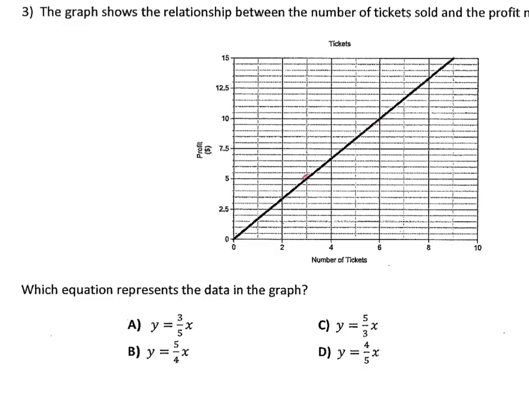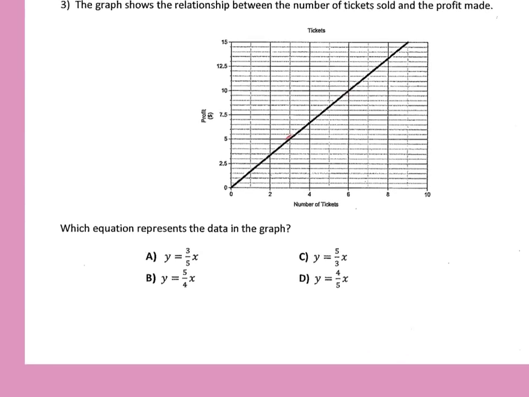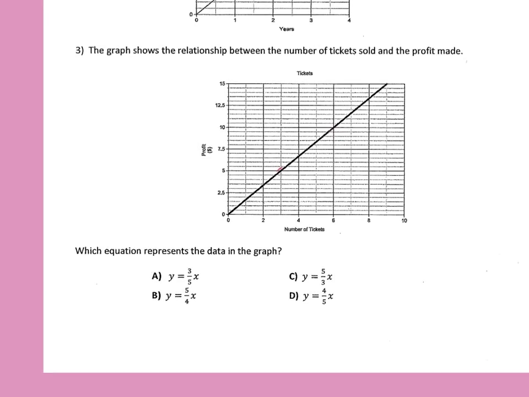So my change in y was 10 over my change in x, which was 6. Or if I look at the smaller one, 5 over 3. So that would be C. 5 over 3 is your slope. Good.